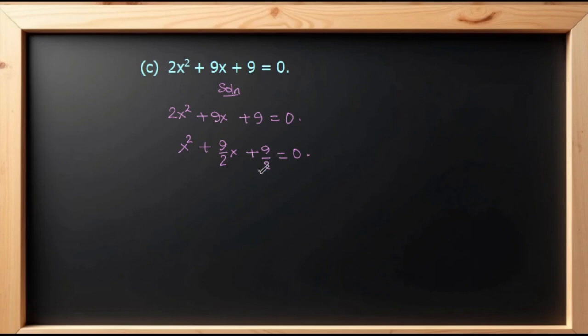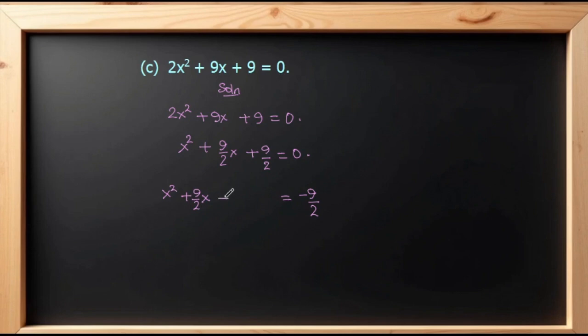Now as before, we need to take this new constant to the right hand side, so we shall have still from our left hand side x squared plus 9 over 2 x equals, so here we have negative 9 over 2. So we also go ahead and get a half of this number and then square it. We also add on both sides.